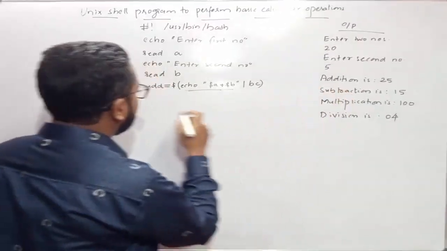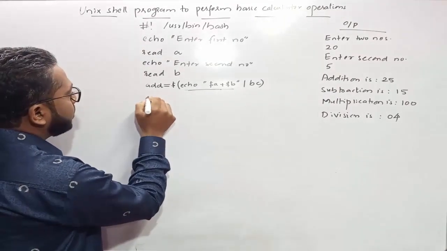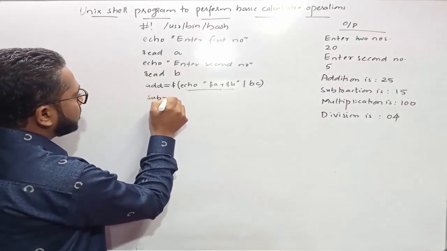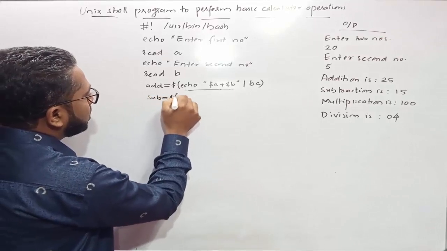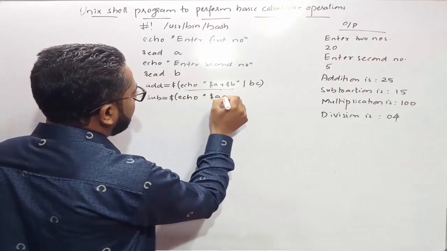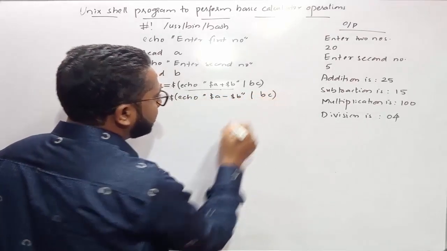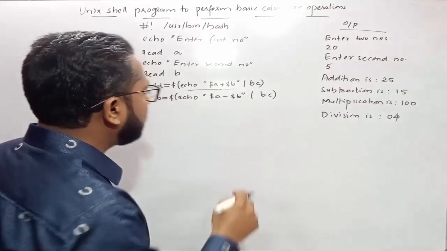Now I will perform the subtraction. To perform the subtraction, I will create one more variable, which is sub equals dollar open bracket echo space dollar a minus dollar b pipe bc. Similarly, I need to perform multiplication.